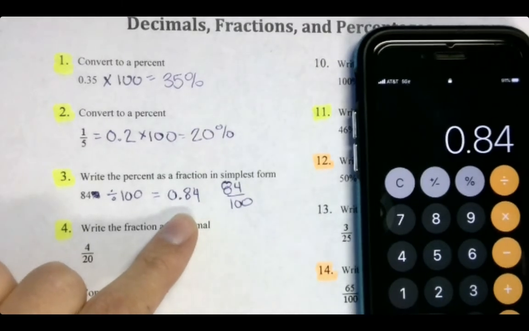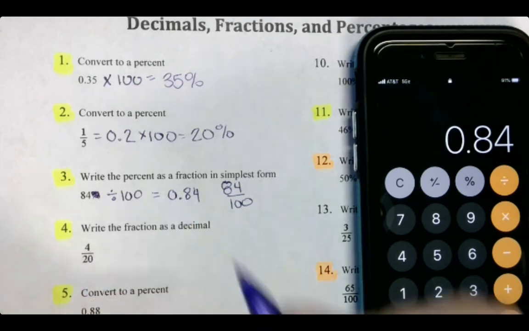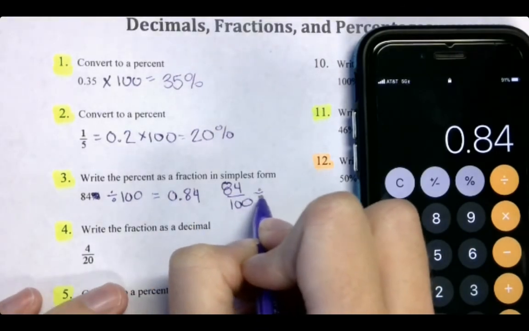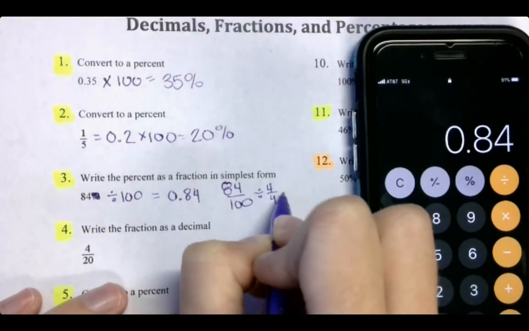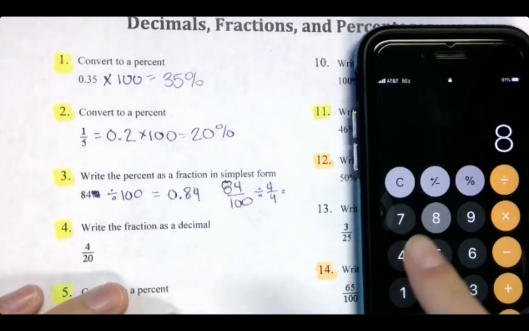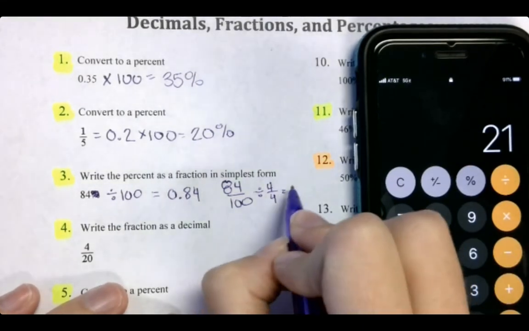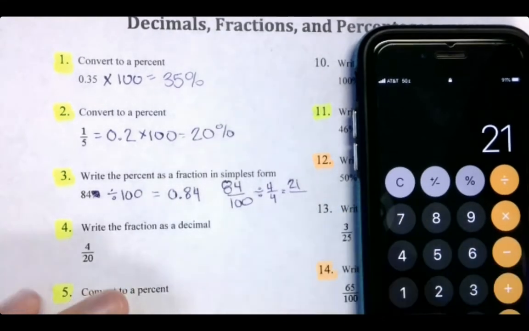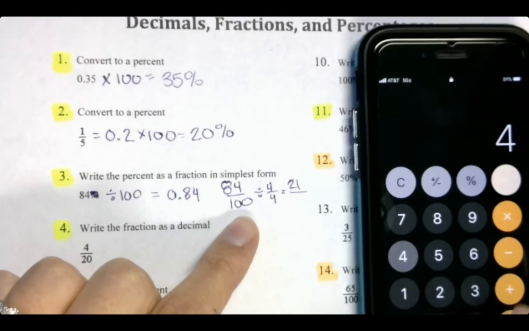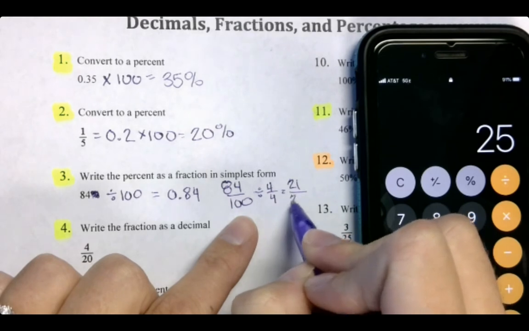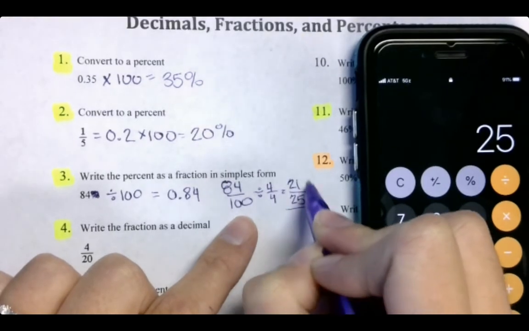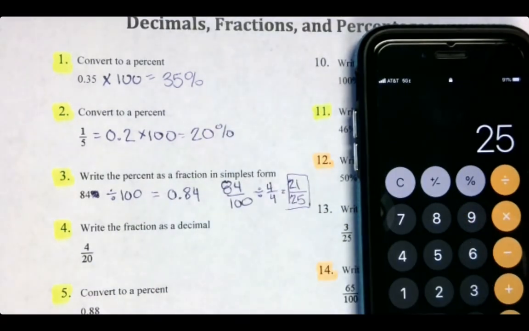So I know from doing this for a while, 4 goes into both of these. So I'm going to divide both of these by 4. So I will do 84 divided by 4 and get 21. I will do 100 divided by 4 and I will get 25. That cannot be simplified anymore, so that will be my answer.